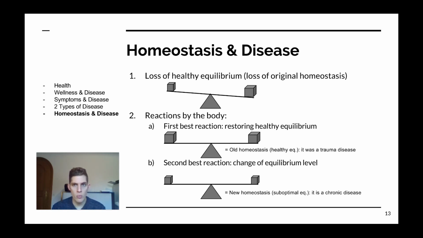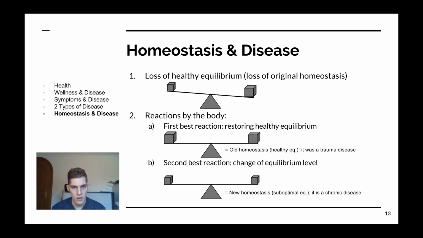We lose this original homeostasis, and what happens is what we see in the first illustration. We have point number 1. We have a loss of healthy equilibrium. If we talk about the body system, we have a loss of original homeostasis. This will be an unstable equilibrium and will quickly deteriorate. So how do we restore equilibrium? What possible approaches are there?